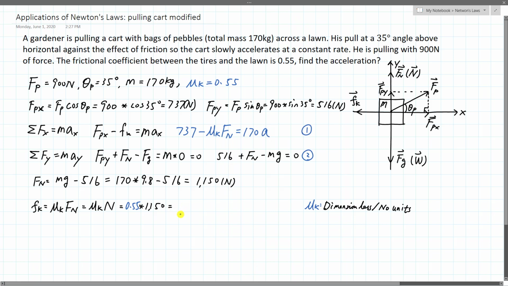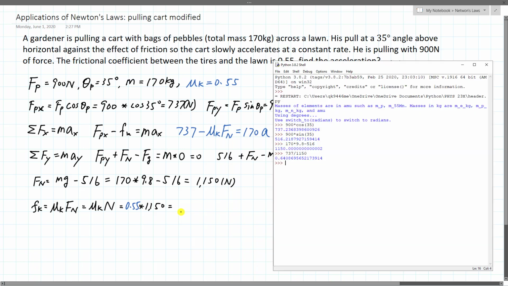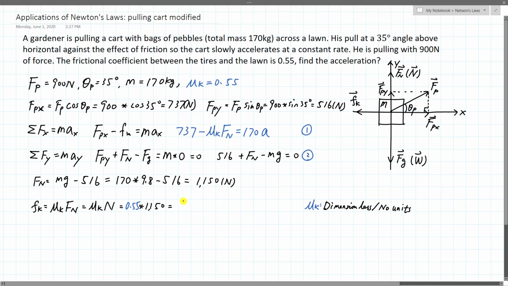Let me pop up my Python calculator. 0.55 times 1150. So the frictional force is 630, rounded to even, 632. So 632 newtons of frictional force.